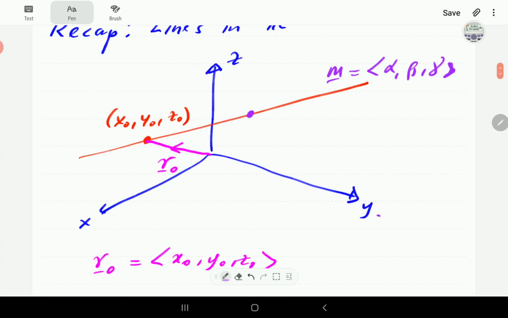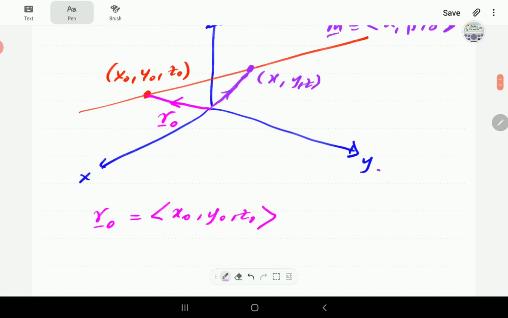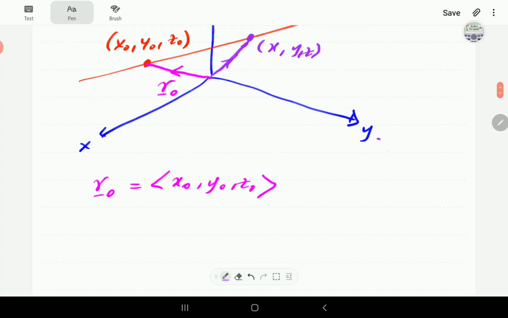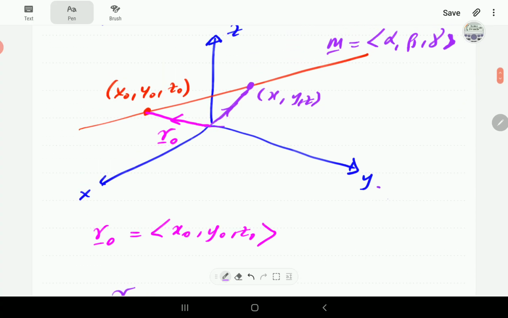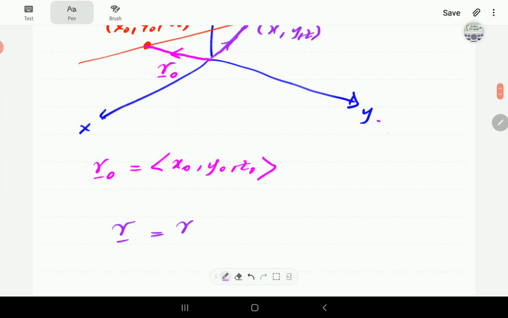Then the position vector of any point x, y, z, which is this one here, is going to be given by, from the origin, the vector from 0 to x naught, y naught, z naught, so that's r naught.